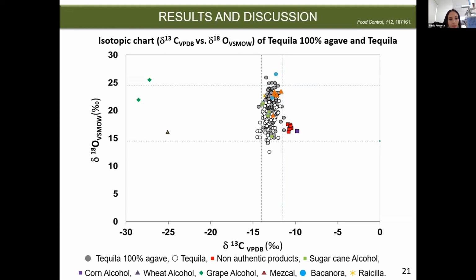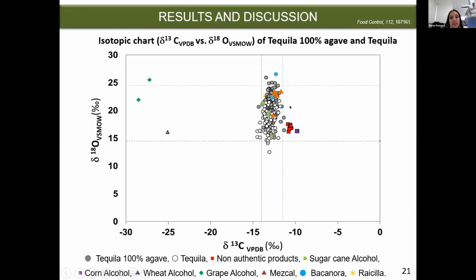But we found too that for the alcohol from grapes and wheat, the results correspond to the C3 group with values ranging from minus 32 to minus 25. These are the true negatives.